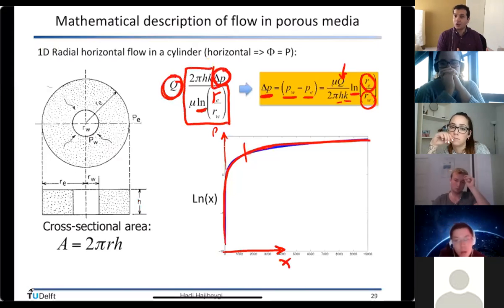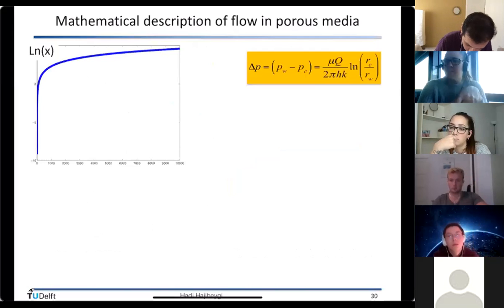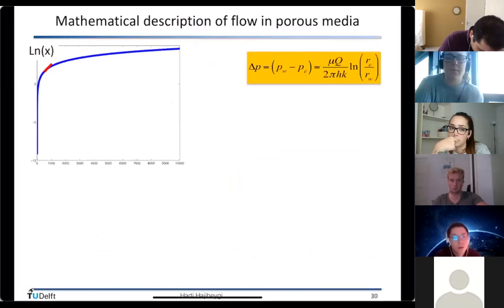And that also shows that most of the drop will happen just near the wellbore.